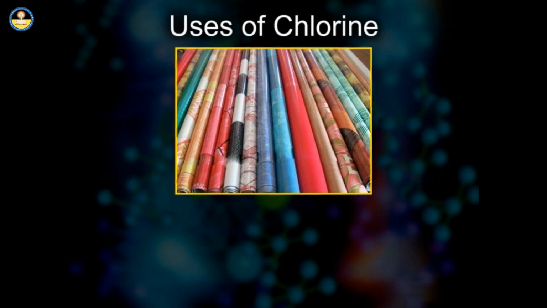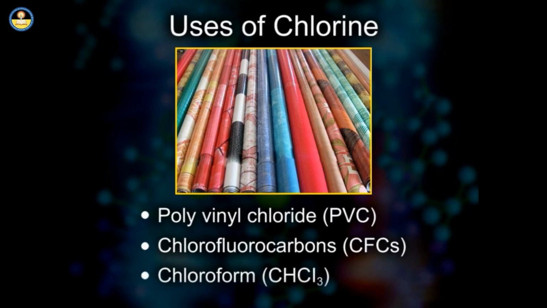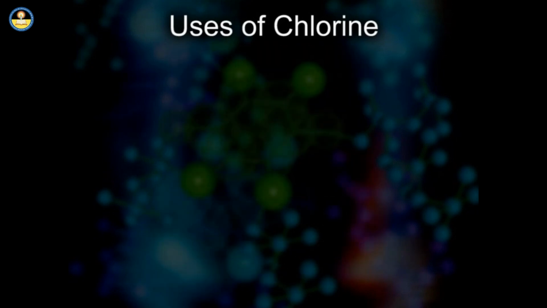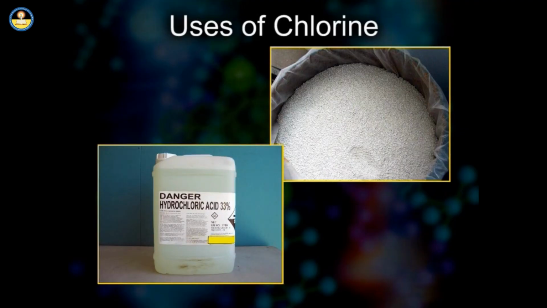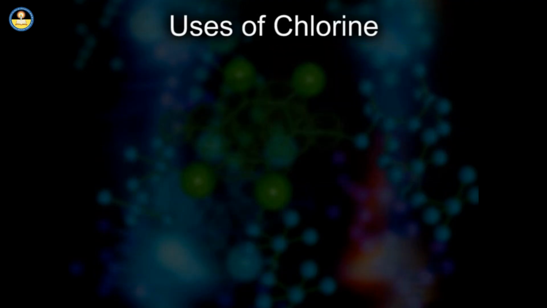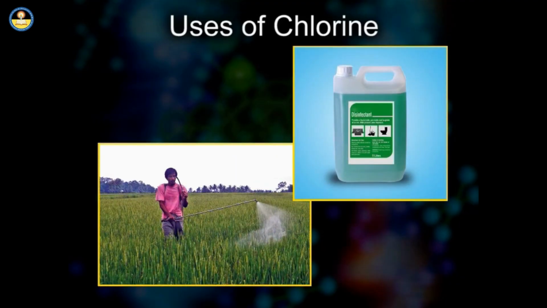In the manufacture of polyvinyl chloride, PVC, chlorofluorocarbons, CFCs, and chloroform, CHCl3, etc. In the commercial preparation of bleaching powder and hydrochloric acid. In the manufacture of pesticides and disinfectants.